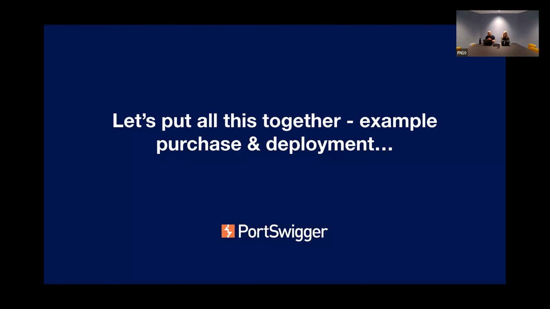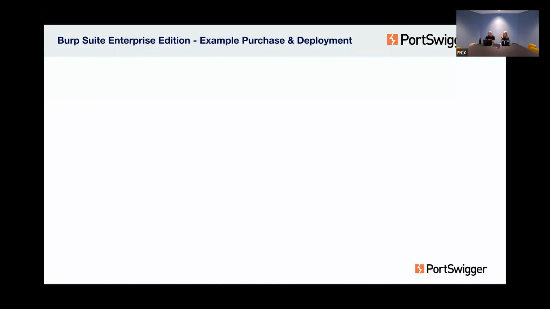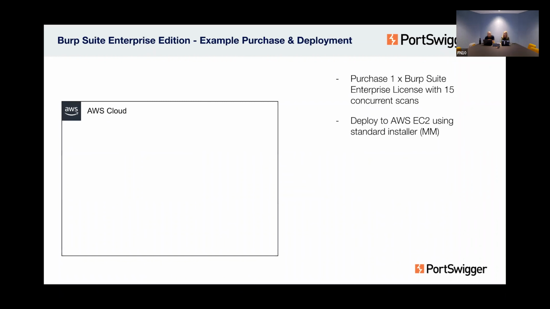So we've put everything together that we've learned around the architecture and the licensing. This is what a typical purchase and deployment would look like. So you've bought a Burp Suite Enterprise license with 15 concurrent scans because you've determined from the trial that's a suitable number from a concurrency perspective. You decided that you want to deploy to AWS EC2 using the standard multi-machine installation process.